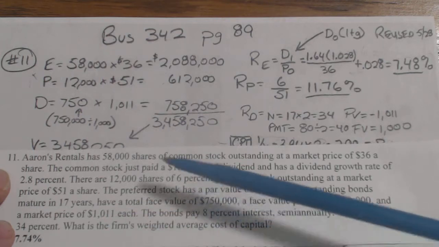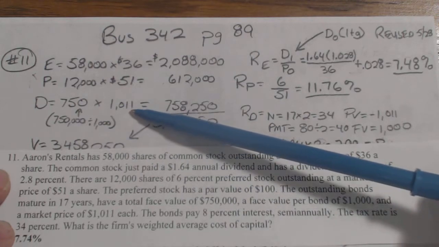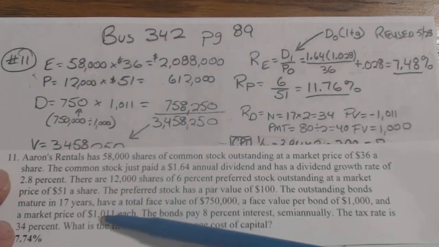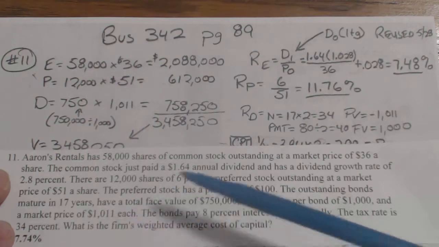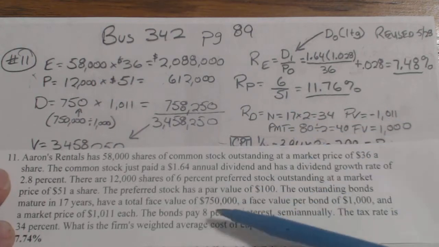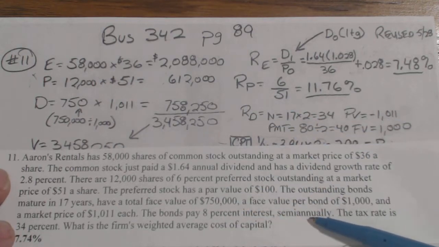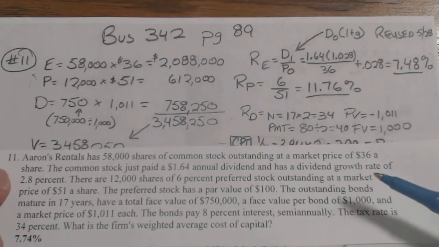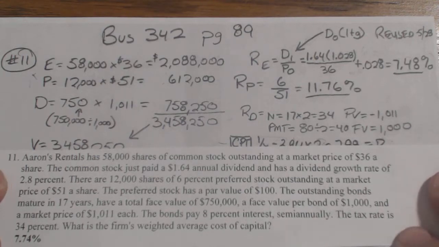You can either take that 750 and multiply it times 1,011, or take the $750,000 and multiply it times 1.011. Either way, you get the same total value. The bonds pay 8% interest semi-annually, so you have to figure out the IY and then multiply times 2. This combines a couple of mistakes that I made before with D1 and the IY, but we've corrected that now.